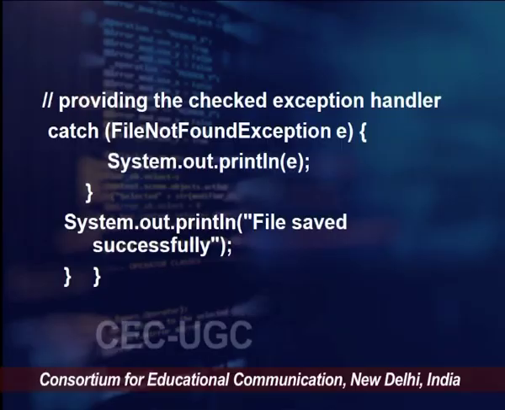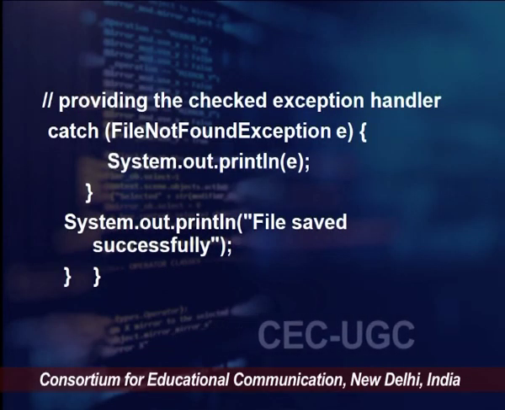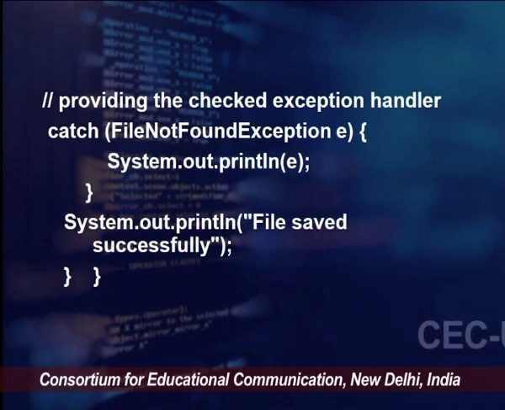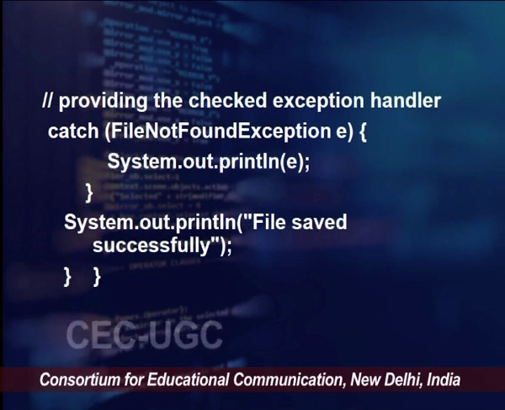And we are aware that this is going to throw an exception. That exception has to be handled, and in order to provide the exception handler for that checked exception, we can either use the keyword throws, or we can use the catch block as we have done with the other programs. Within the catch we have FileNotFoundException e, and the contents of e are printed, and then we write something on the screen.